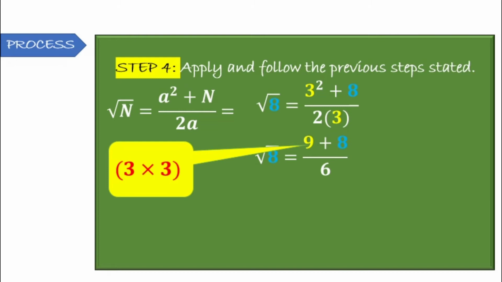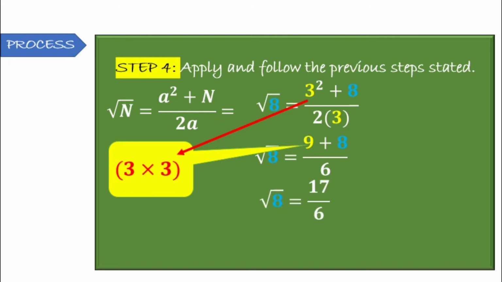For 3 squared, the 2 on top is the exponent, which tells us how many times to multiply the base. Again, the base, which is 3, is multiplied by itself. So, 3 times 3 is equal to 9.